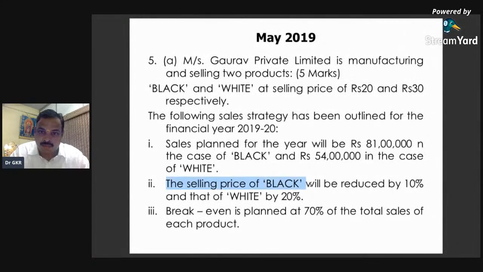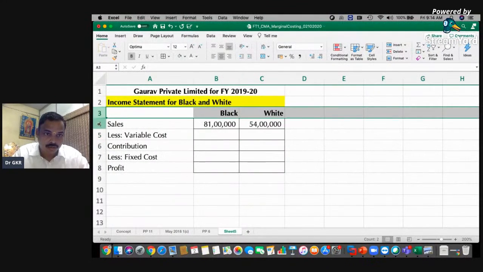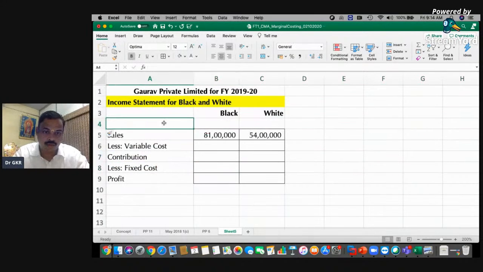The selling price of black will be reduced by 10%. So original selling price, I will have the selling price on top. So what is your selling price? So SP.